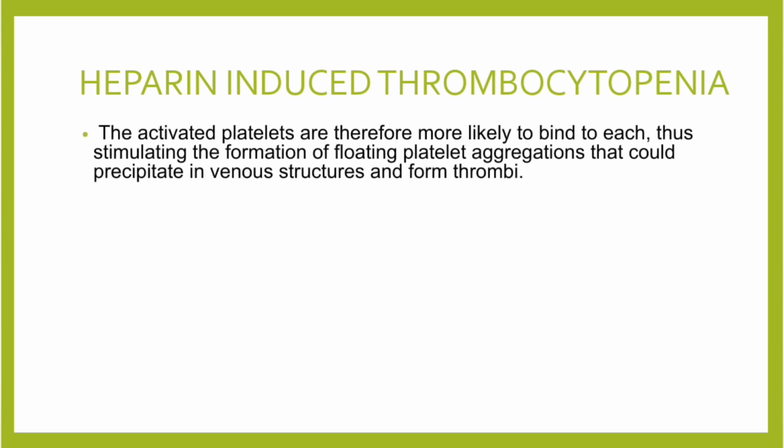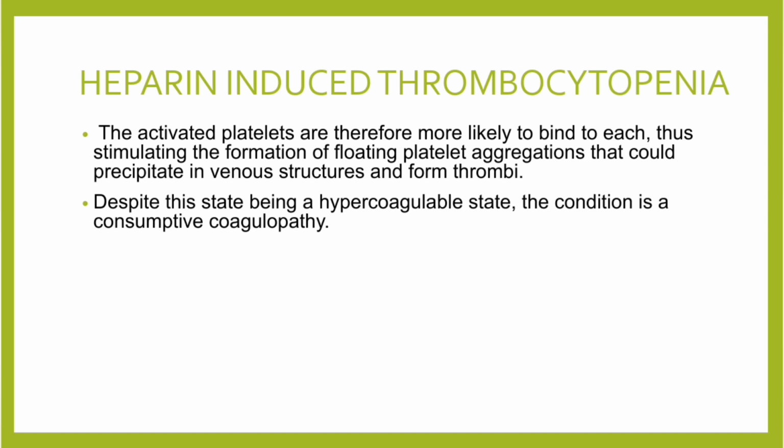All right. The activated platelets are therefore more likely to bind to each other, thus stimulating the formation of floating platelet aggregations that could precipitate in venous structures and form thrombi. Despite this being a hypercoagulable state, the condition is a consumptive coagulopathy, right?